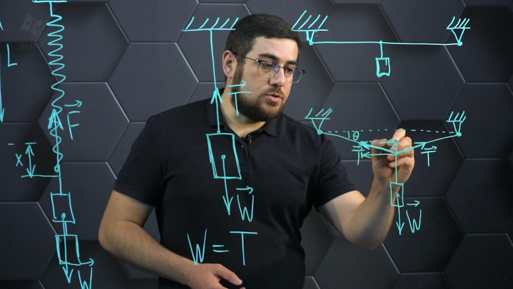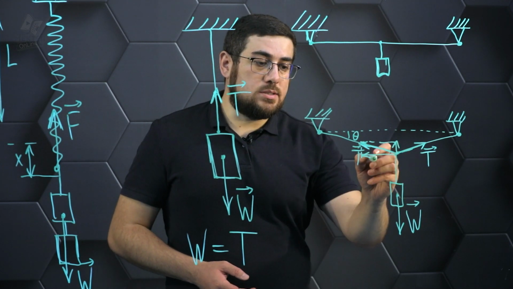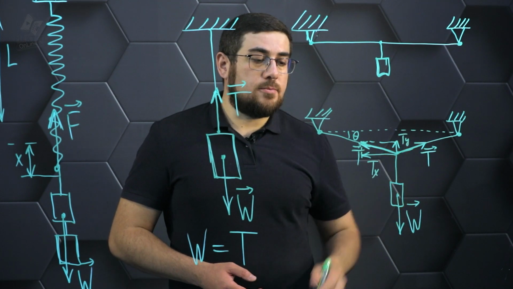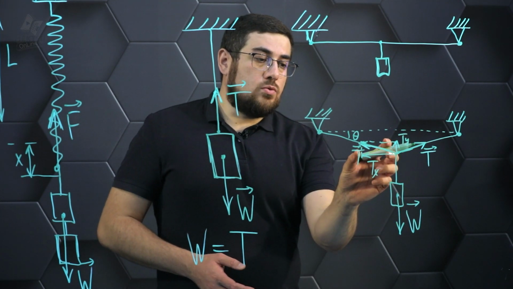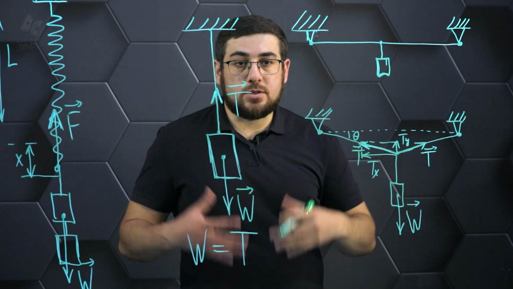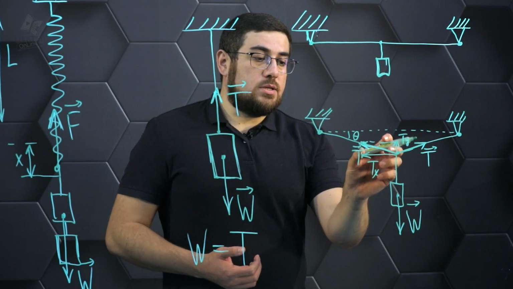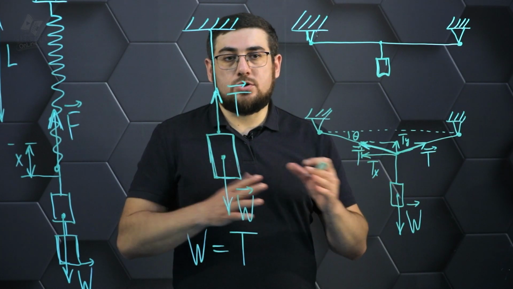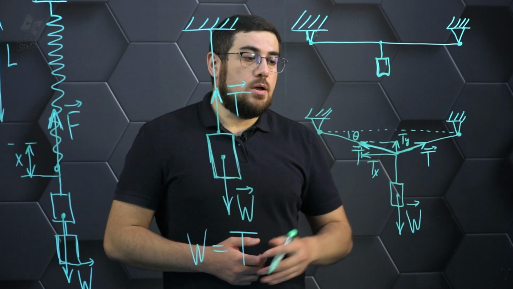That is, there are Tx components and there are Ty components. And we can see that each of these two tension forces, and they are the same in modulus because it is the same thread, these horizontal components will compensate each other. This will tell us that the system is not moving, neither to the left nor to the right.